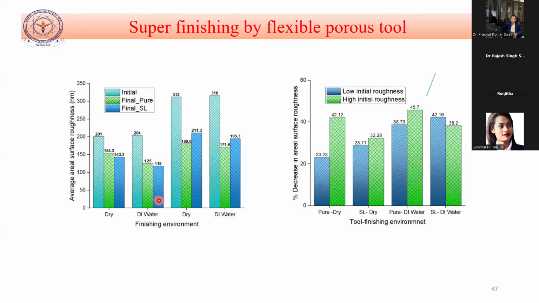But in nanometric finishing, we are coming up to 1, 2 nanometers, and the next aim is to go to angstrom scale surface finishing. If the surface finish is high, then heat dissipation will be high. If heat dissipation is high, then the performance of the chips will be higher.